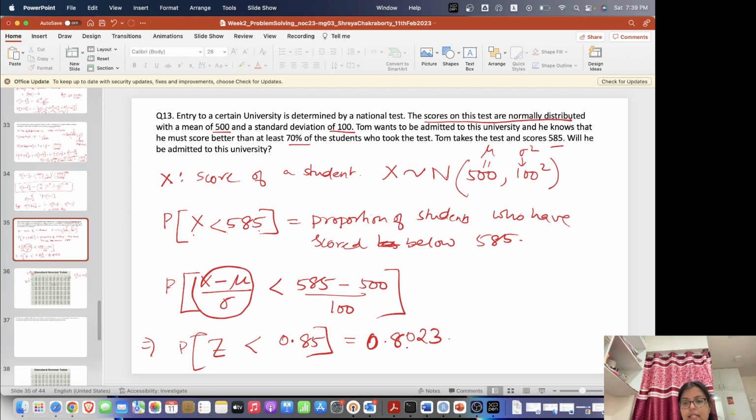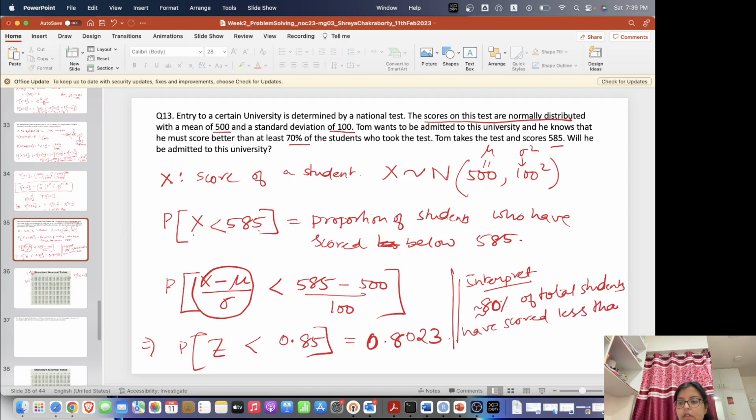So what it means, if I have to interpret, is that 80% of total students approximately have scored less than Tom.